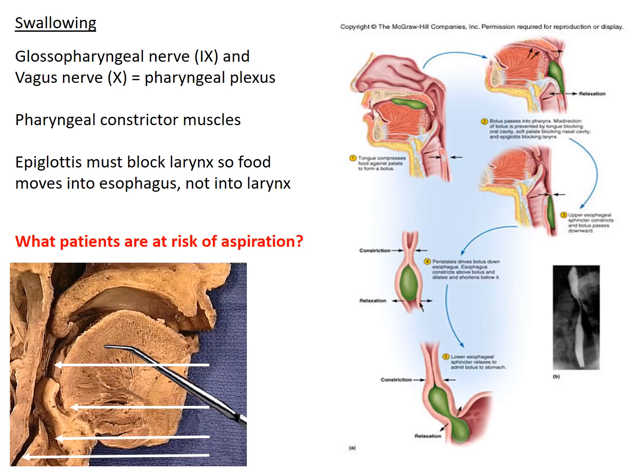That's the 4th arrow. If you've never seen a video swallow study, look on Blackboard. I'm going to post a couple of videos for you showing you a normal fluoroscopy, and then showing you a highly abnormal fluoroscopy where the individual is aspirating. And now think for a couple minutes what types of patients are at risk of aspiration.